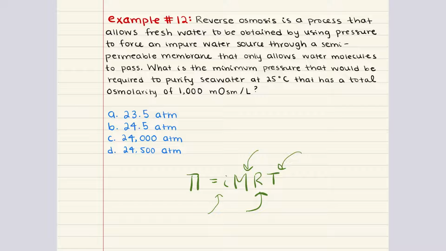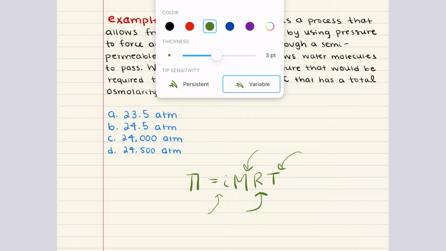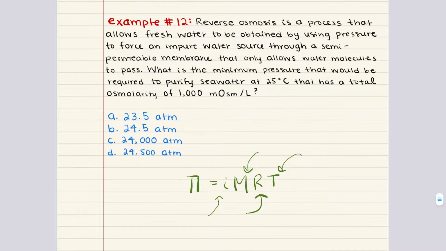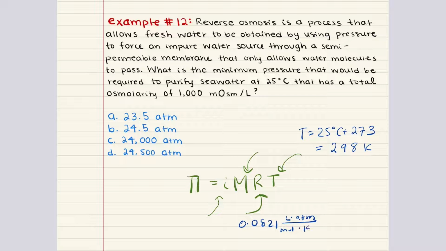Now, the first thing that we want to do is figure out what values we have. So temperature is equal to 25 degrees Celsius. Of course, we want to convert this to Kelvin. So we add 273, and this gives us 298 Kelvin. Now, our ideal gas constant is equal to 0.0821 liters times atmosphere over moles times Kelvin.